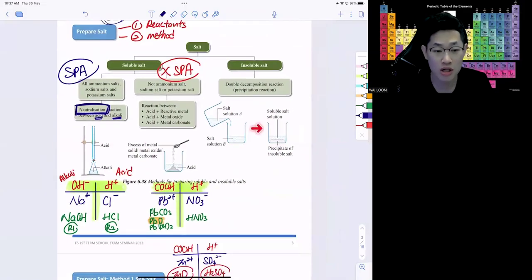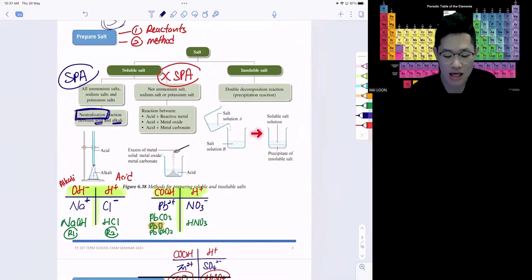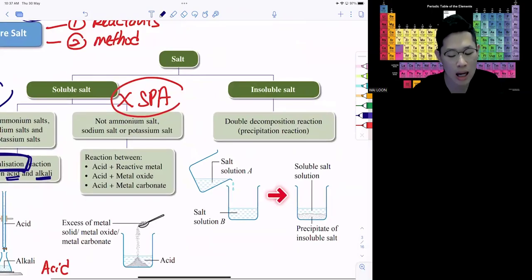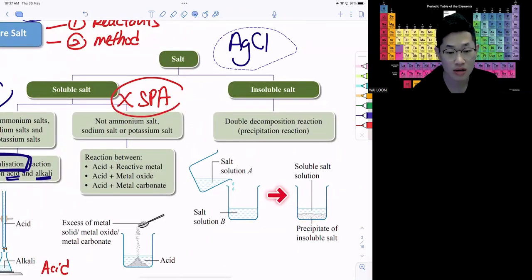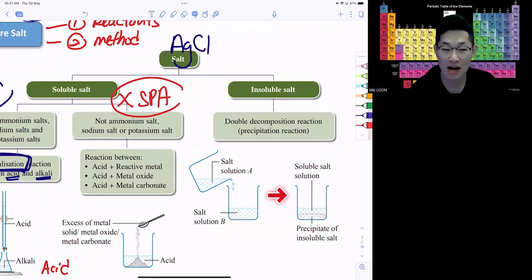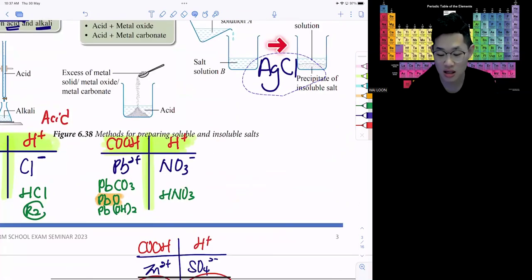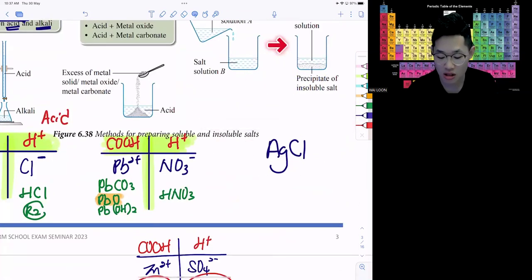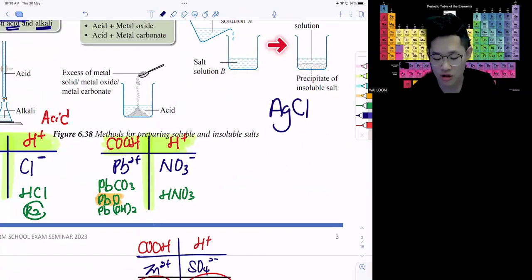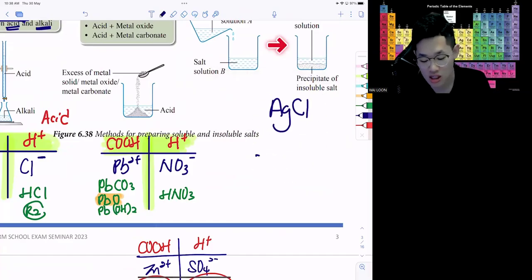The insoluble salt. Let's say I want to make silver chloride. So this is insoluble. Insoluble salt, we're going to use this type of cross.